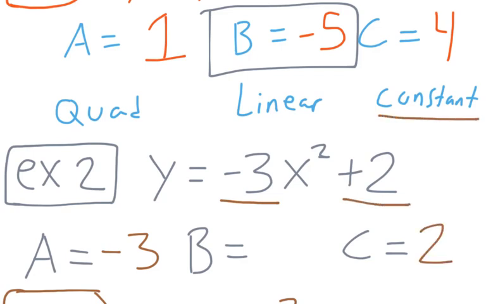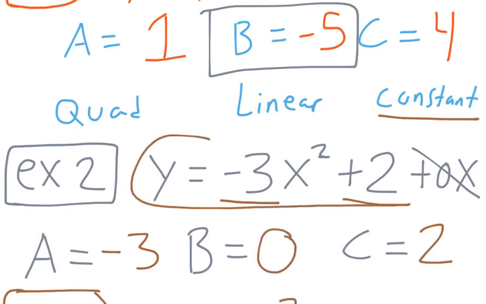So actually in this equation, I have negative 3x squareds, but I have 0 regular x's to the first power. So here, the b term is going to be 0. In this equation, a is negative 3, there is no b term, and c is 2. It's very easy to confuse that and put 2 down for b, but 2 is actually c because there's no variable next to that number.